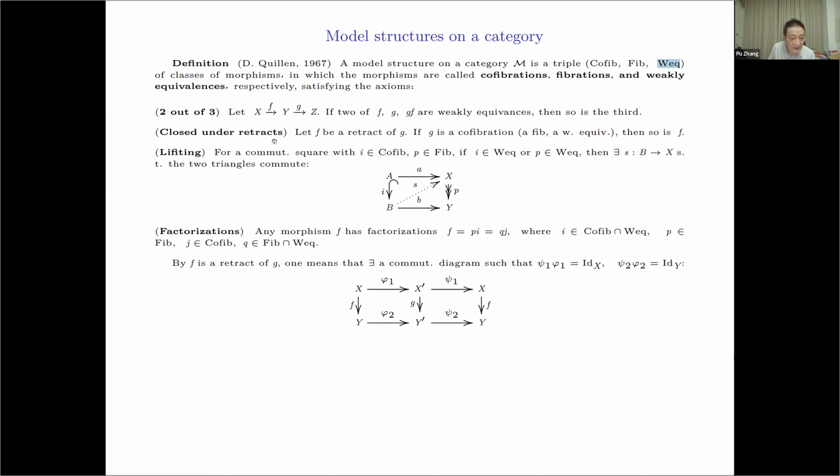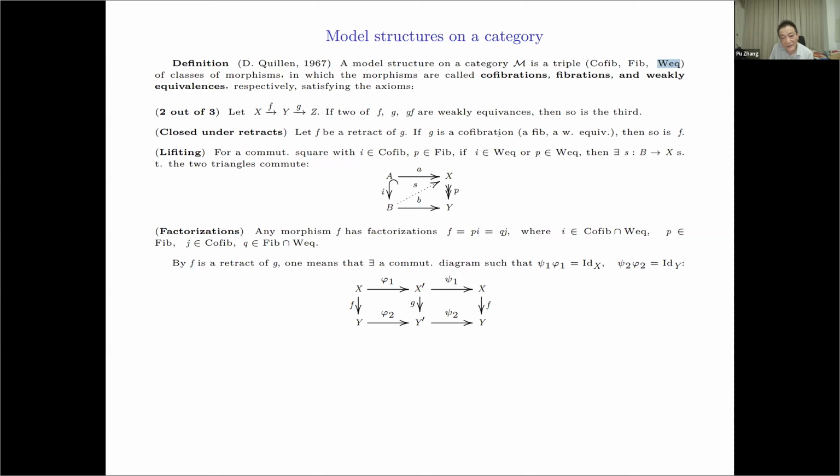The second is called closed under retracts. That is, if f is a retract of g, this means here is morphism g, here is morphism f, then there is a commutative diagram such that phi 1 and psi 1 compose to the identity of X, and phi 2 and psi 2 compose to the identity of Y. This means f is a retract of g.